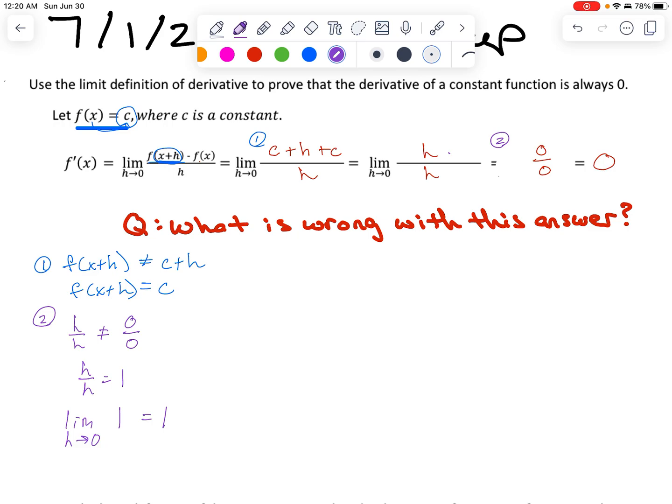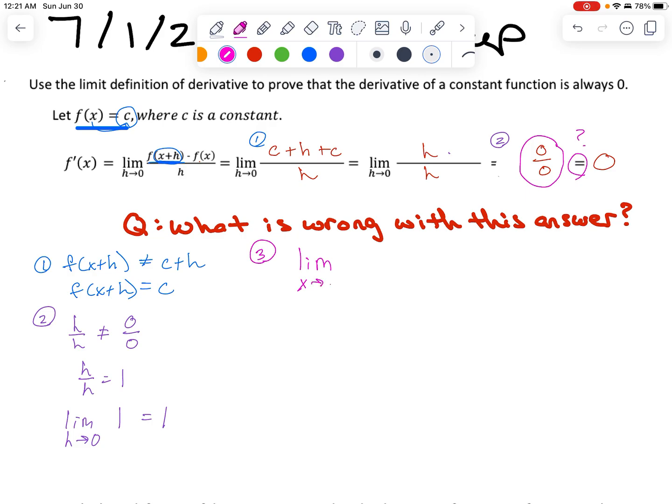And then the third thing that I want to bring up, and this is the most important thing, I think, this right here, does that equal 0? The answer is no. If you're trying to solve a limit and you substitute in the number, I'm going to actually keep this general.